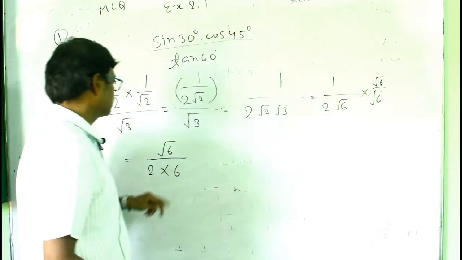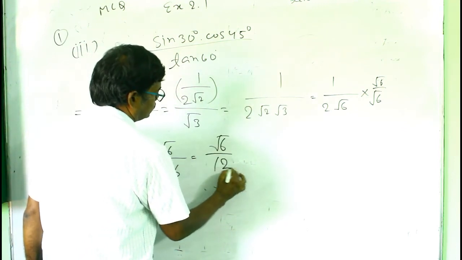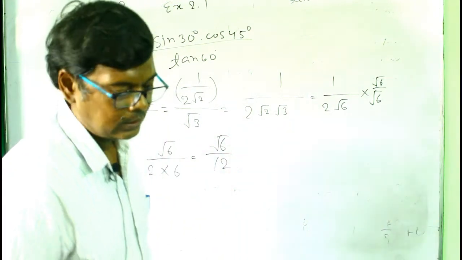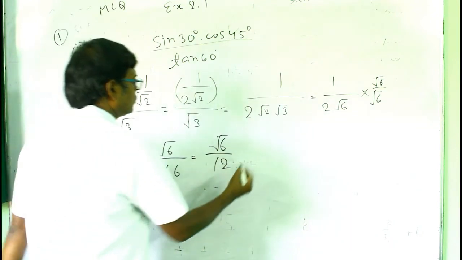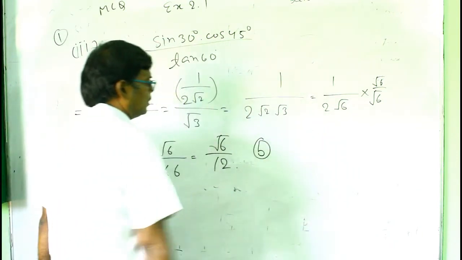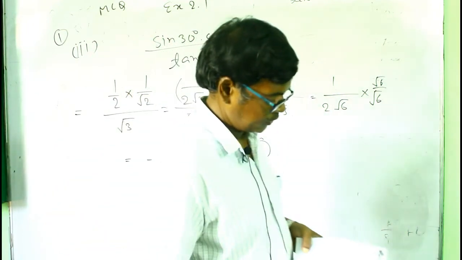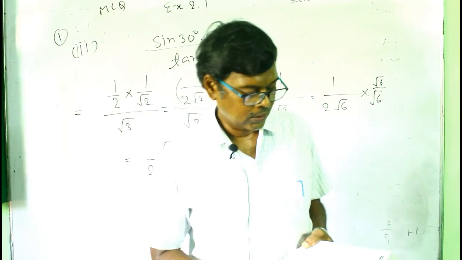So it will be √6 by 12. So this is the answer, and this is the answer in option B. So the correct option is B. Okay, so this is question number 3, and now move on to another question.